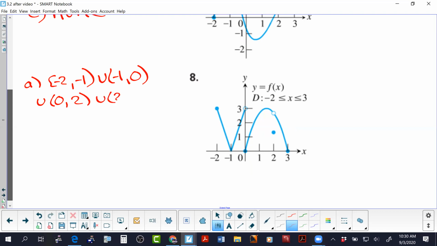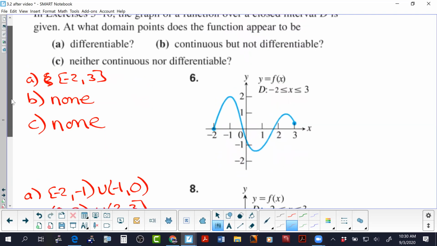And then 2 to 3, and differentiable at 3 because it's an endpoint and it's a solid dot. Any questions on that? So I had to skip the corner, skip the jump discontinuity, skip the removable discontinuity. That's where this is differentiable.